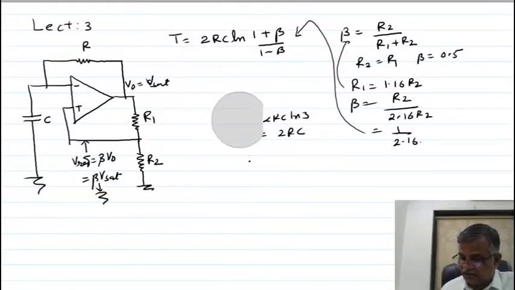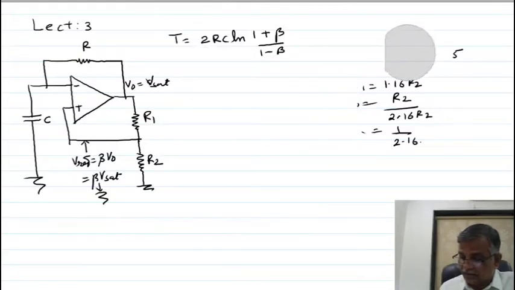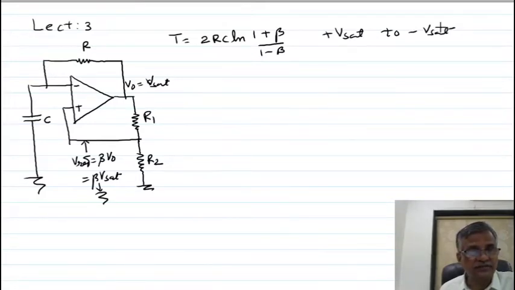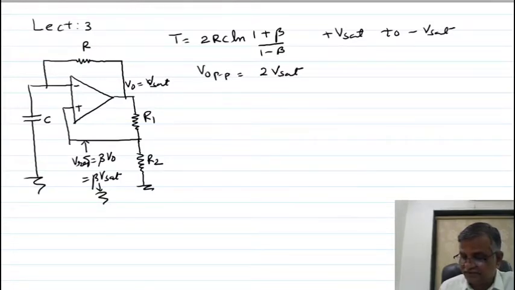Second, the output voltage swings from plus Vsat to minus Vsat. This is the swing in the output voltage. Peak to peak output voltage is nothing but 2 Vsat, the difference between these two.